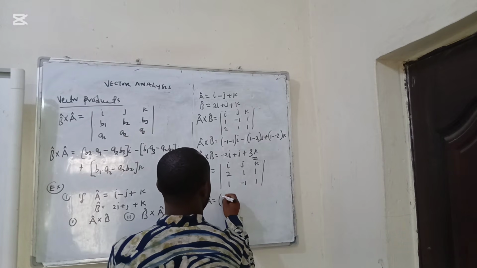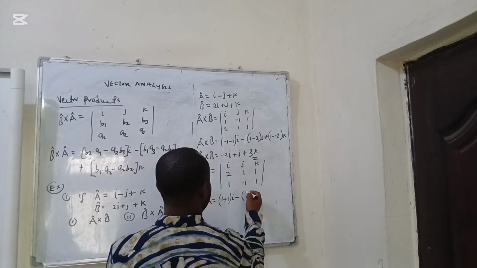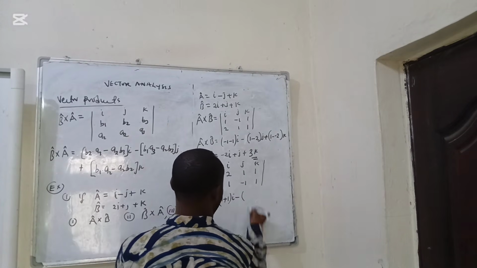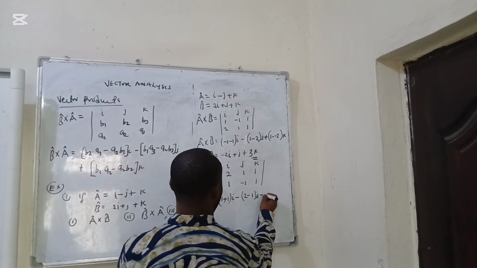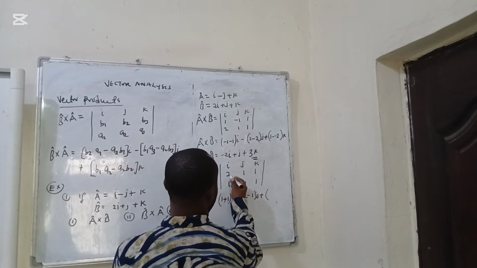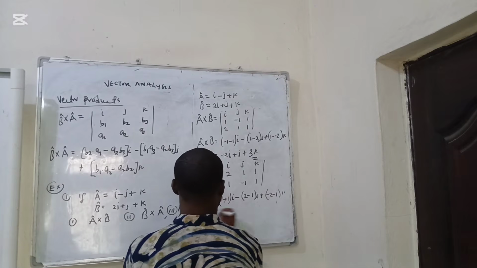So that will give us 1 plus 1, minus this and this. So this times this minus this. So that is 2 minus 1 j. And finally we are having this times this minus this times this, so minus 2 minus 1 k.